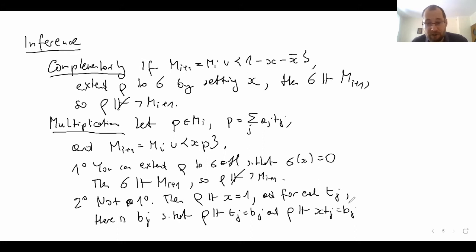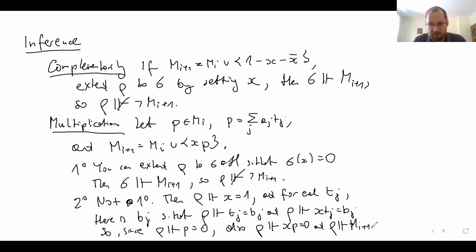It's going to be the same value. If some variable in t_j was forced to 0, this is going to be 0. If t_j is forced to 1, then this thing is also going to be forced to 1 because we can't set x to 0. So since rho forced P to 0, we also have rho forces xP to 0, and that's it. We're done. And therefore, rho itself forces M_{i+1} positively.